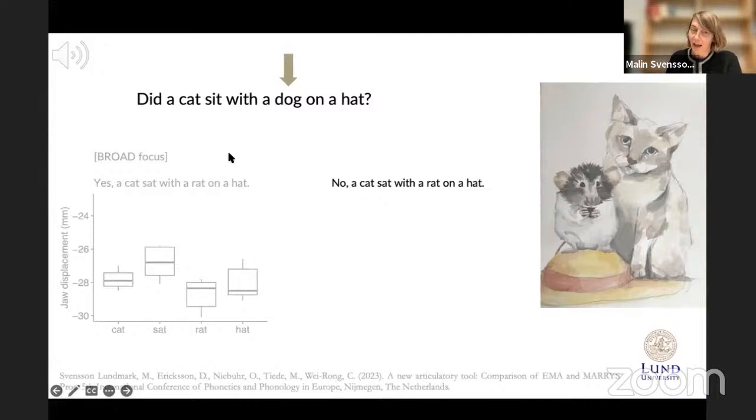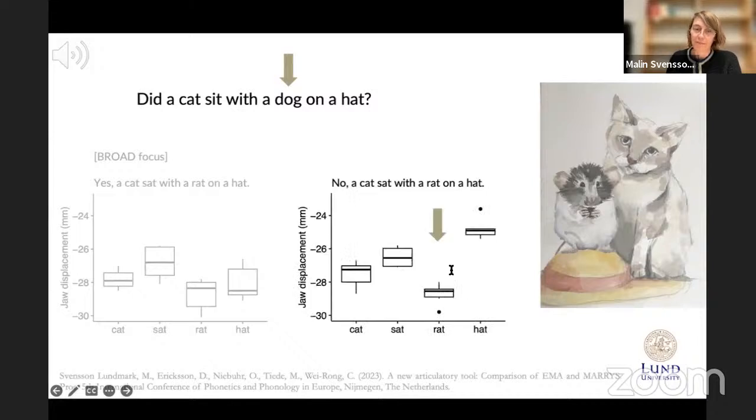So let's see what happens with jaw displacement. The rat gets the focus. The jaw is even more lowered. The rat is already a strong syllable, but it's more lowered. And as it is already strong, it's perhaps more evident in relation to the other syllables. So you can notice the very high jaw in hat.